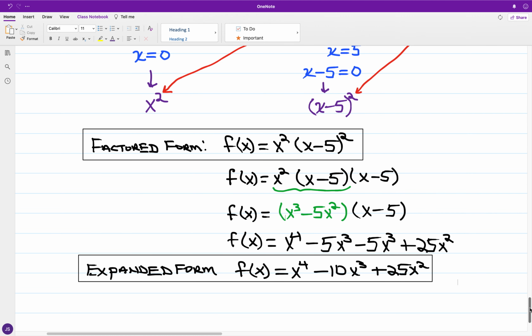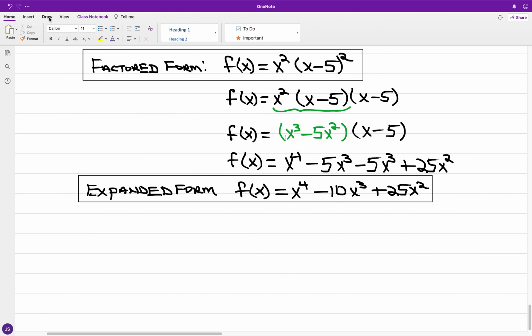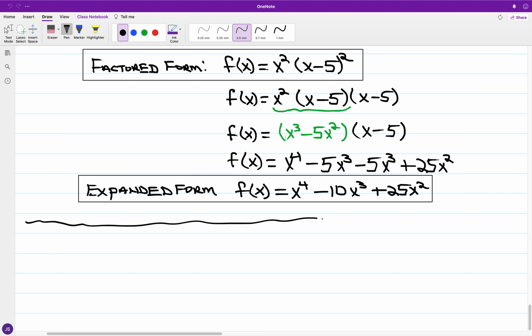All right. And let me cap this off. Now we've looked at forming polynomials from given zeros and their multiplicities.